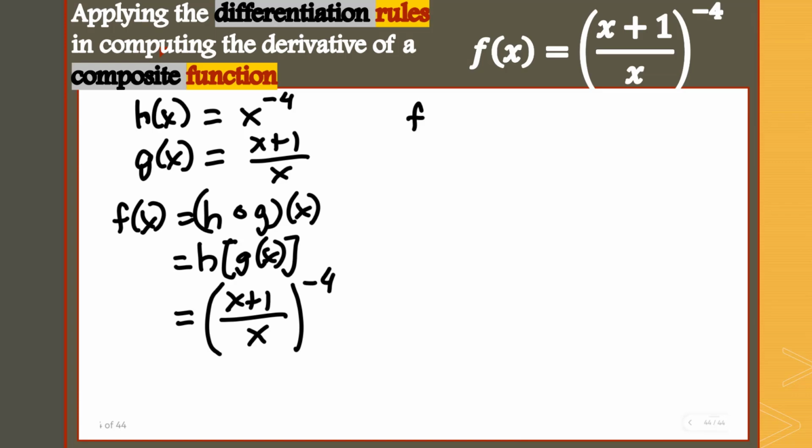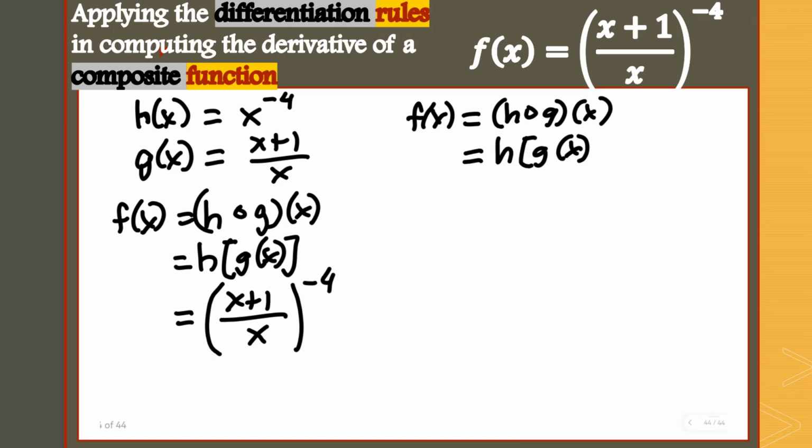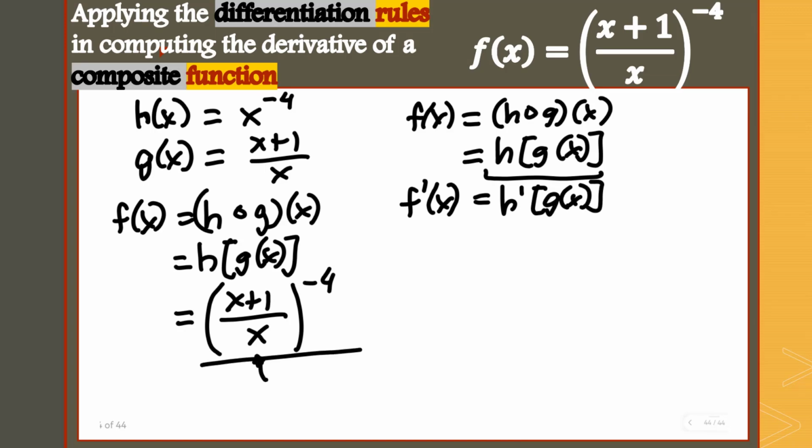Our f of x, since this is h of g of x, the first derivative of any composite function according to the chain rule is: take the derivative of this expression, where we treat this one here as 1, so only using the rule for power, then multiply it by the derivative of your expression or function inside the grouping symbol.